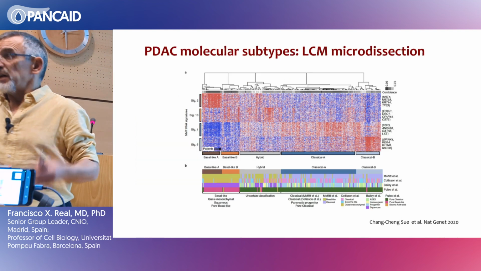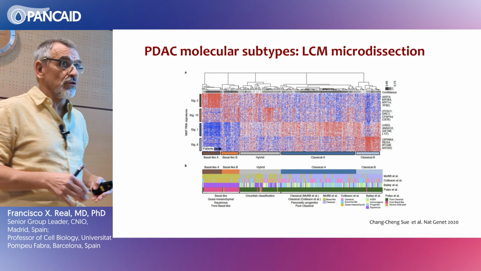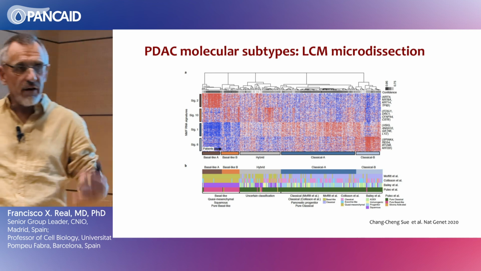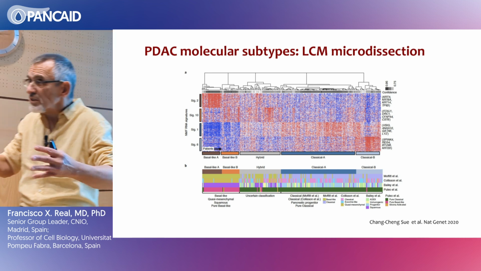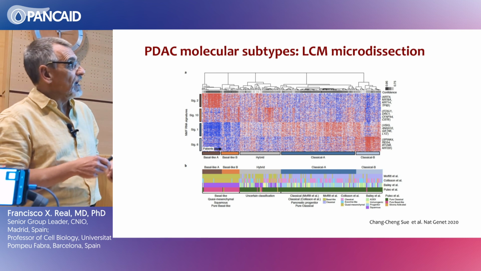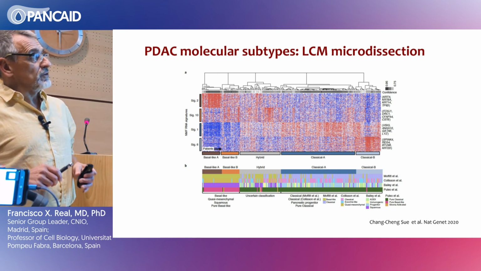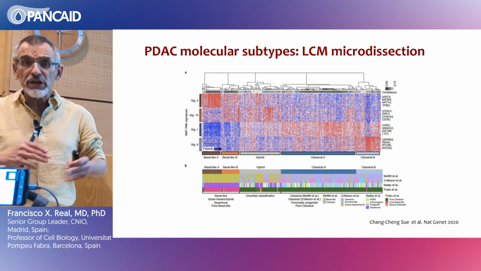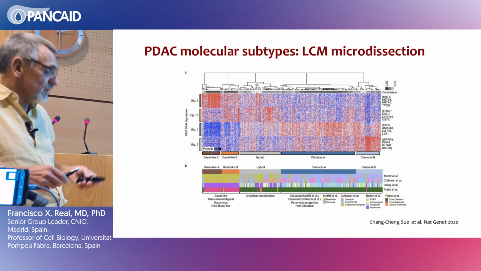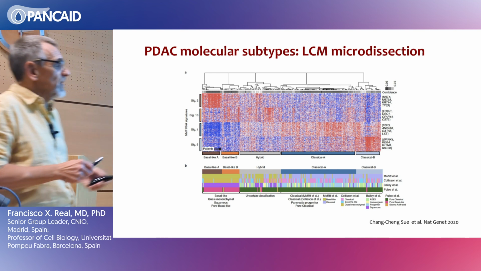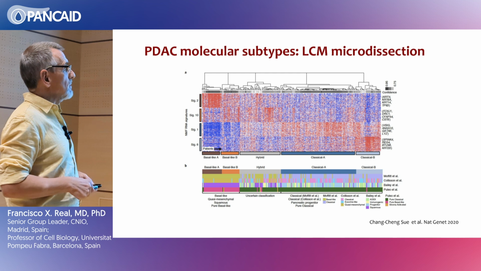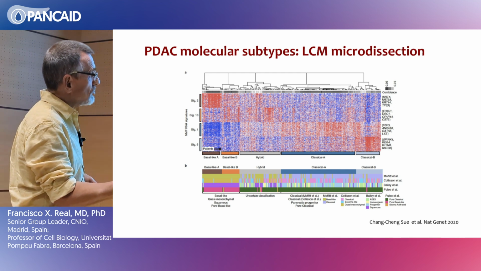Again, Faiyaz Notta's group at the OICR in Toronto has made, maybe not the second, but a very important contribution in trying to dissect the phenotypic diversity of these tumors by analyzing through laser capture microdissection the phenotype of the tumor cells. And he has refined a little bit the original proposal by Eric Collisson and others, showing that there are possibly some subtypes of basal tumors, possibly also some subtypes of classical tumors, and then a hybrid group in between.